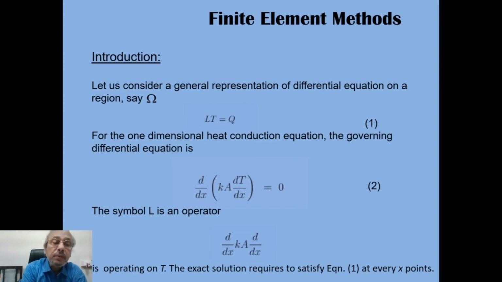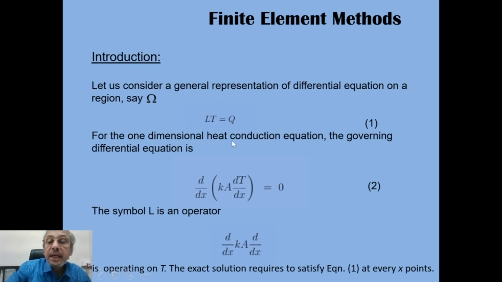LT equal to Q. For the one-dimensional heat conduction equation, we can write d/dx of K A dT/dx, where K is the thermal conductivity and A is the normal area through which heat transfer takes place, equal to 0.